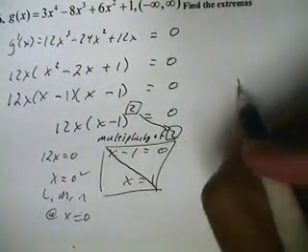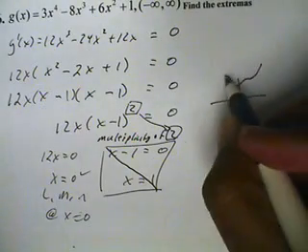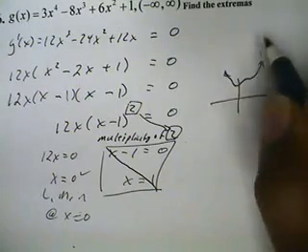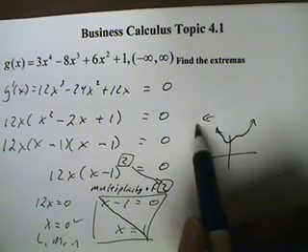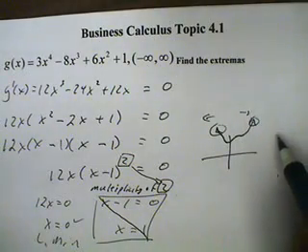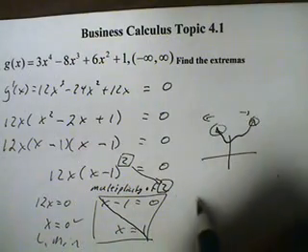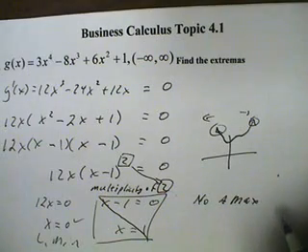Now, the graph itself looks something like this. To the left, it's going up to positive infinity, and to the right, it's going up to positive infinity. So, there is no absolute max.